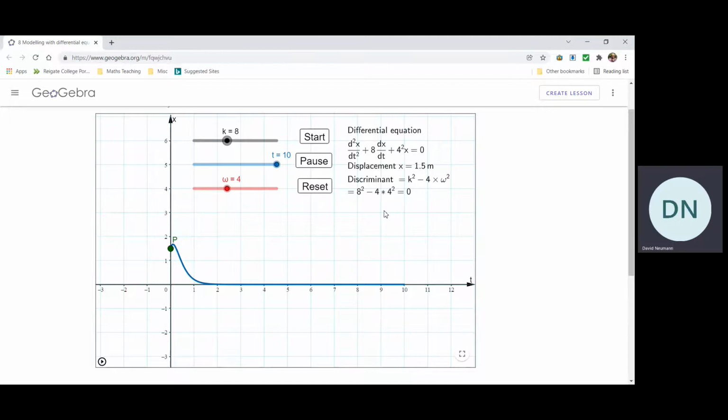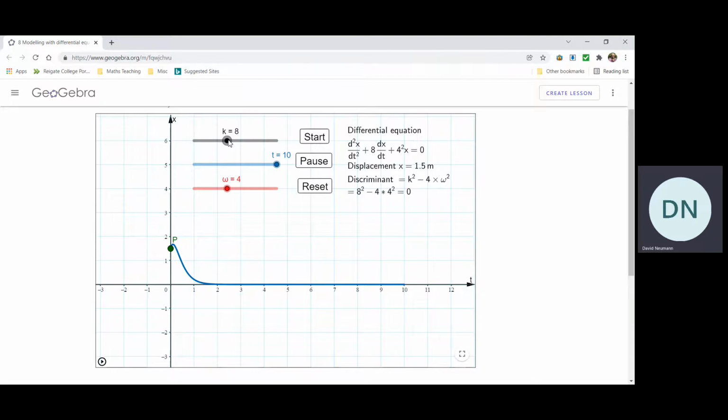If you remember, that means we would have repeated roots of our auxiliary equation, and we then need e to the power of that root times t, but instead of just a constant times that, we have (ax plus b) times e to the root times t.